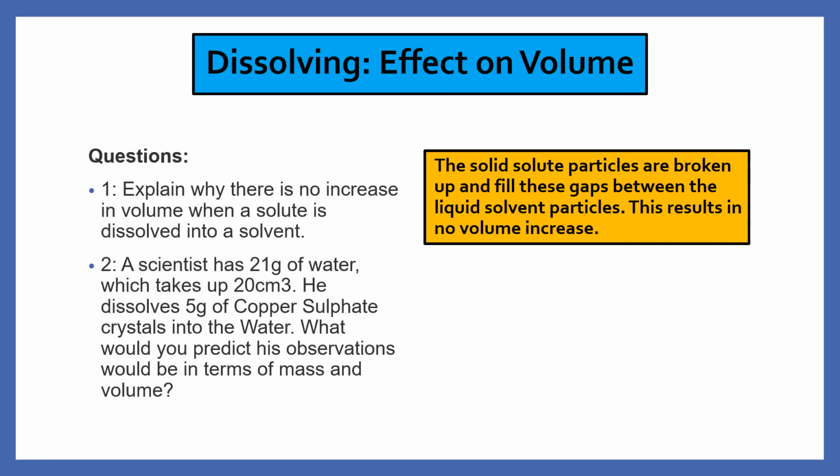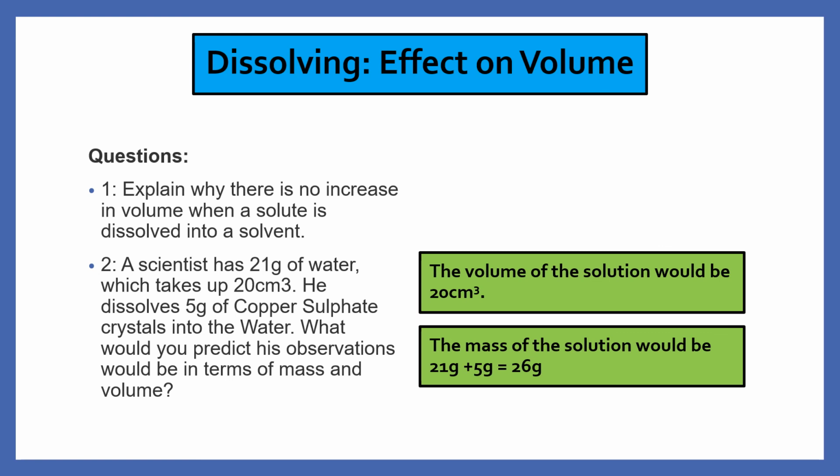Question 2 then, a scientist has 21 grams of water which takes up 20 centimeters cubed. He dissolves 5 grams of copper sulfate crystals into the water. What would you predict his observations would be in terms of mass and volume? Let's have a look at volume first. As we've just said, volume stays the same during dissolving.